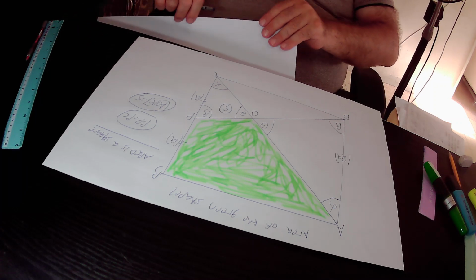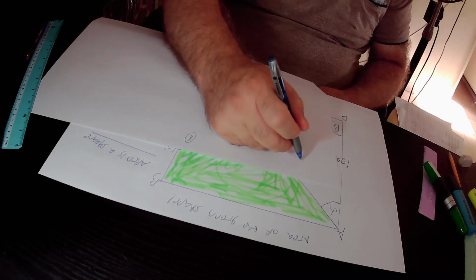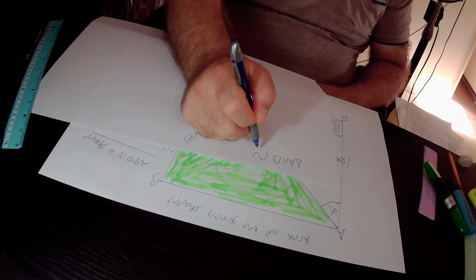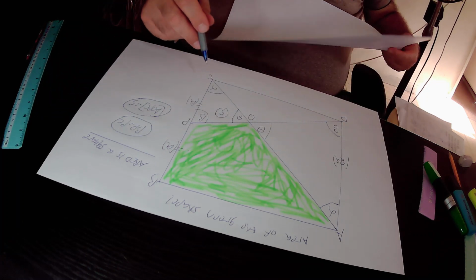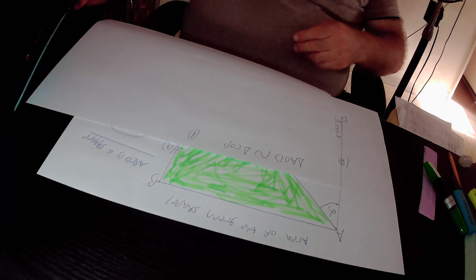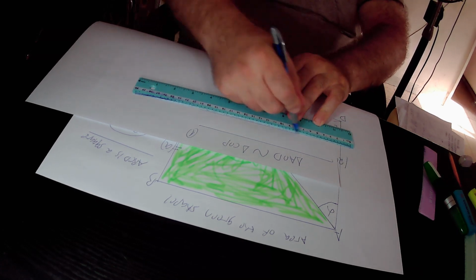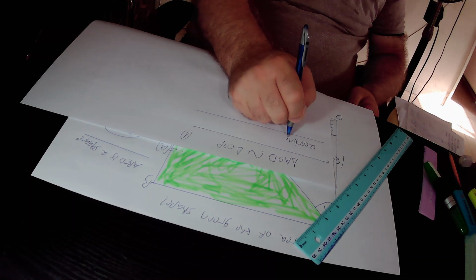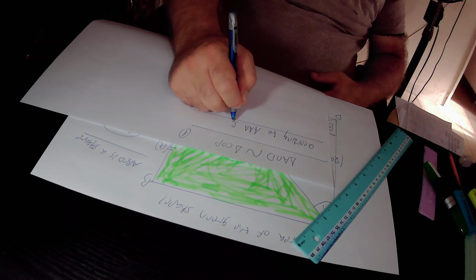We found out that the big triangle AOD is similar, this is the sign of similar, to the small triangle COP, according to the angle similarity rule.